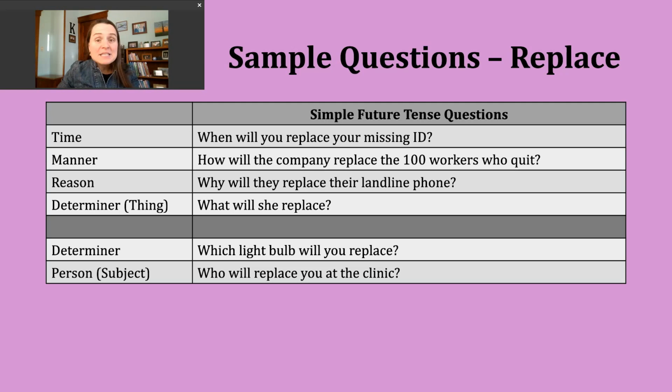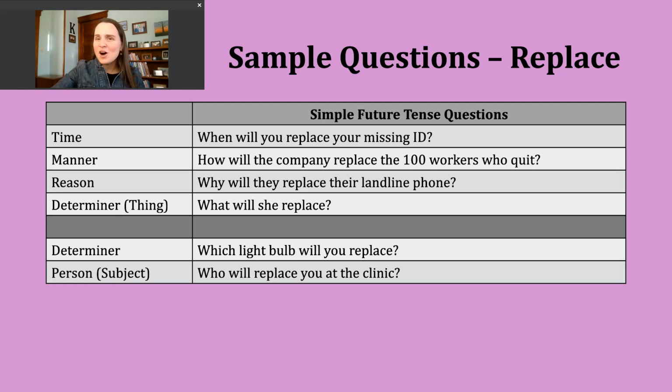So here in the simple future, you're going to see who, you'll see will, and our base verb. You can see that in my example here. Who will replace you at the clinic? So maybe I have a friend who's a nurse or a doctor, some other kind of medical worker who's announced they're leaving, right? I want to know who is going to be the substitute.